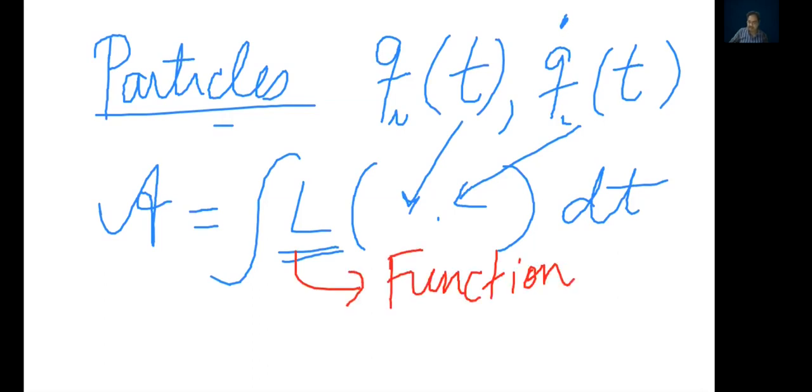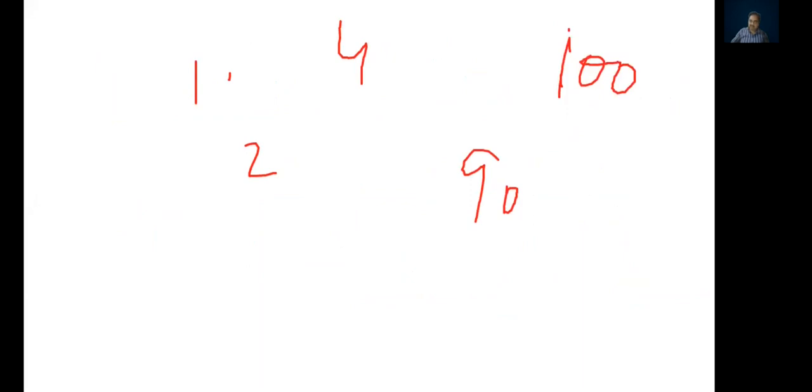In mathematics, functionals have more involved definitions, but for our purpose, it is sufficient to say that L is a functional, and this is defined in the space because L is a value, it is a numerical number, right? So for every function q_i, you will have a numerical number, like 1, 2, 4, 90, 100, 95, 2000, whatever.